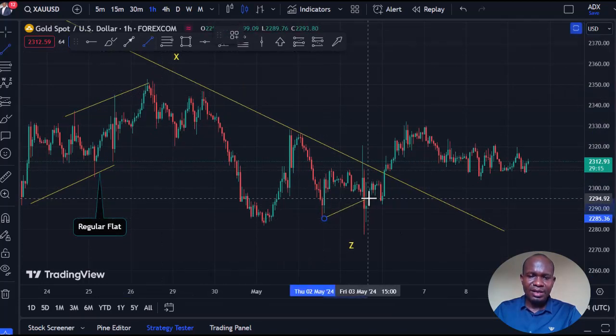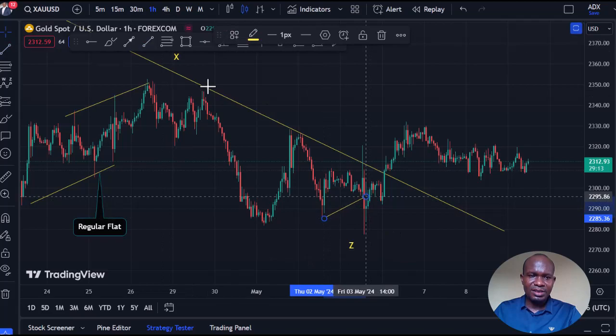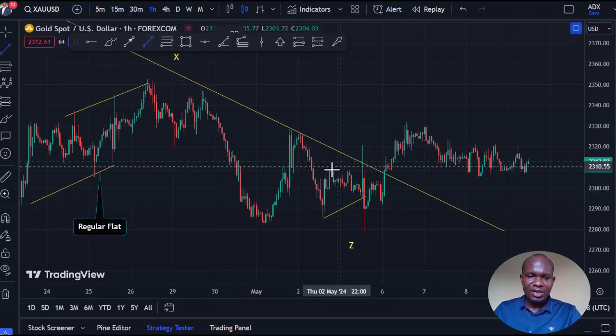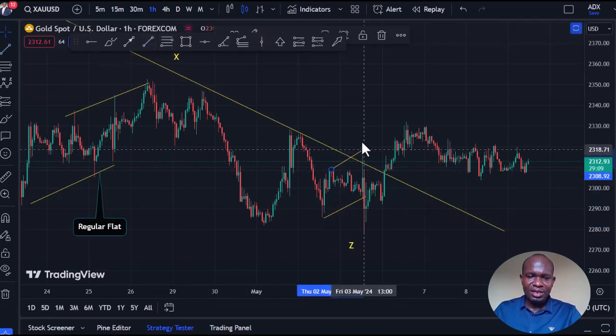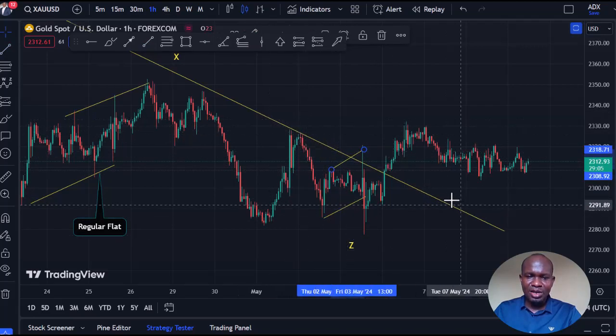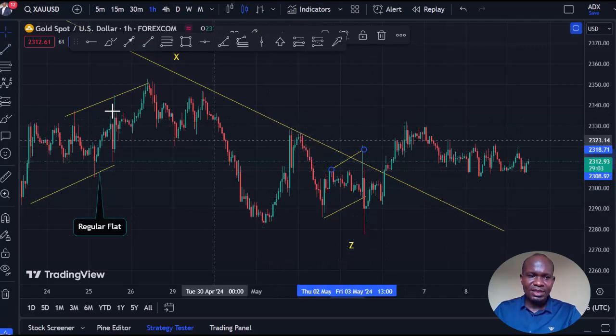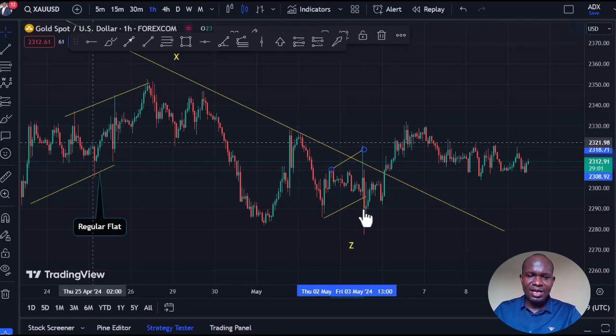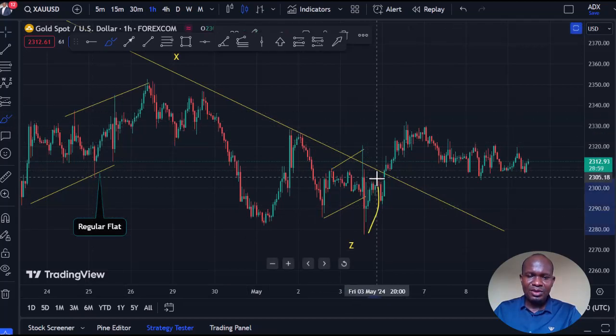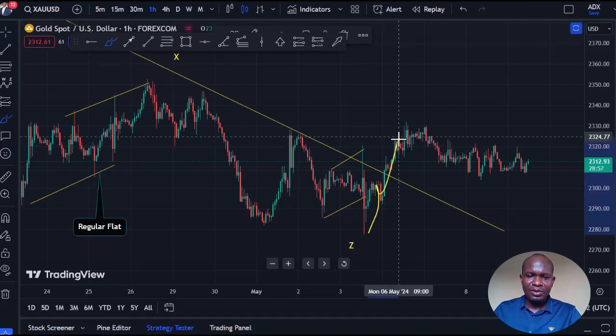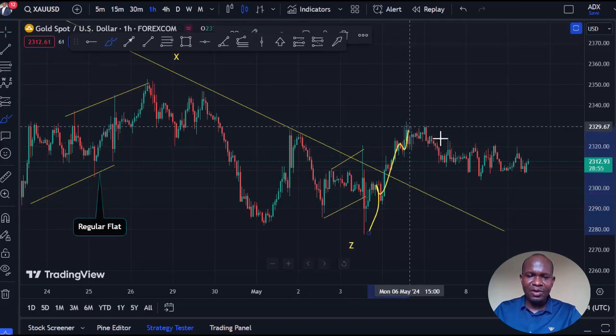I will stop labeling the regular flats here so that it will not clutter the charts. Since this trend has been broken, we have seen a clear impulse, correction, impulse, correction, impulse, 5-wave.